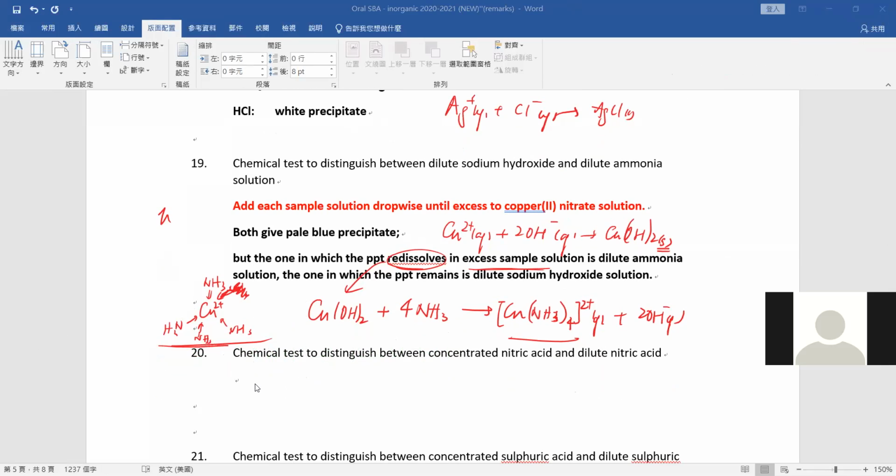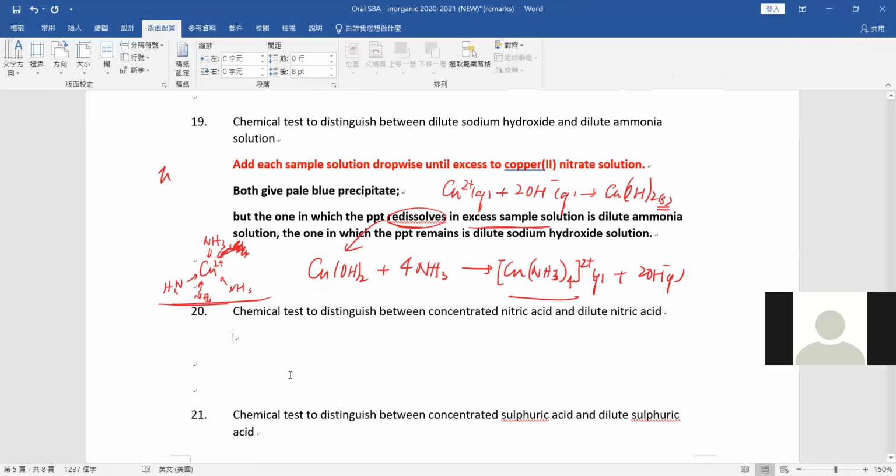Manhei, chemical test to distinguish between concentrated nitric acid and dilute nitric acid. A copper.